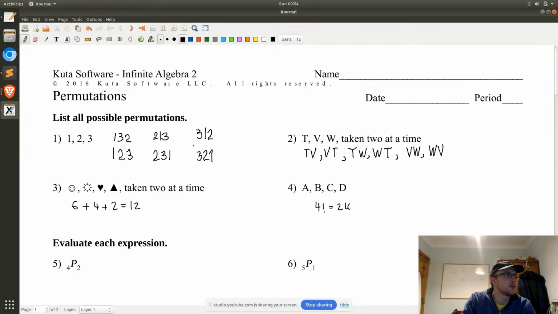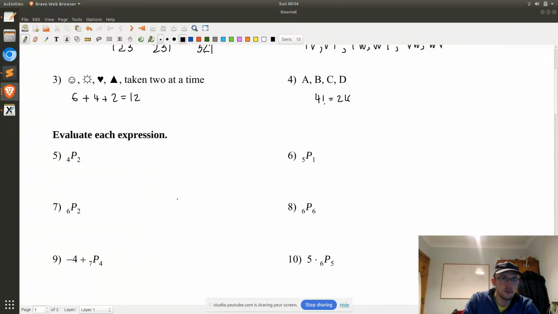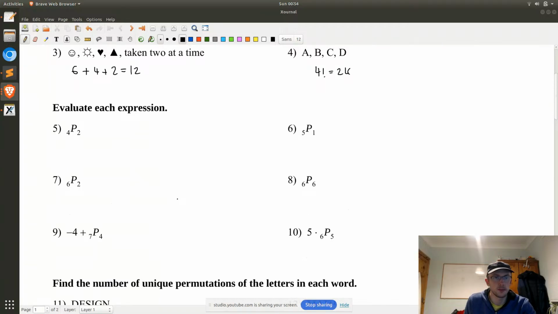Now, evaluate each expression for perm 2.